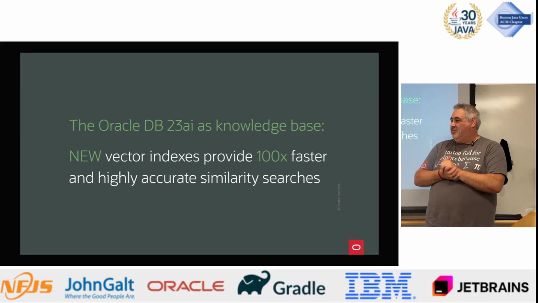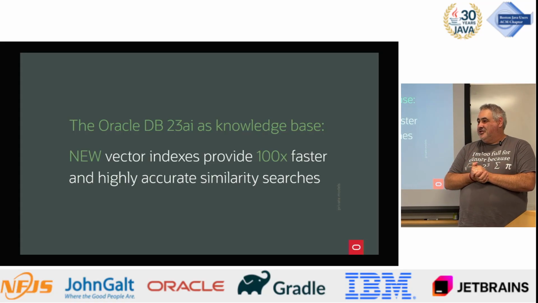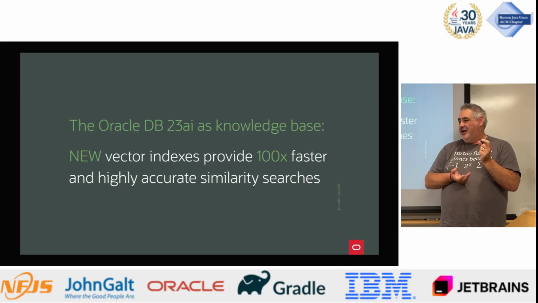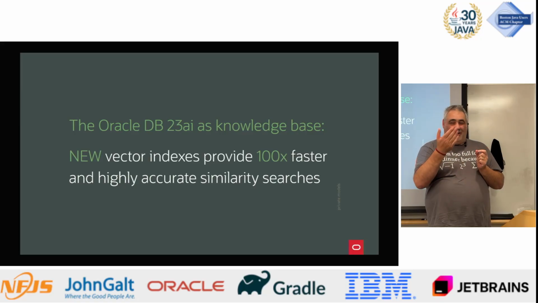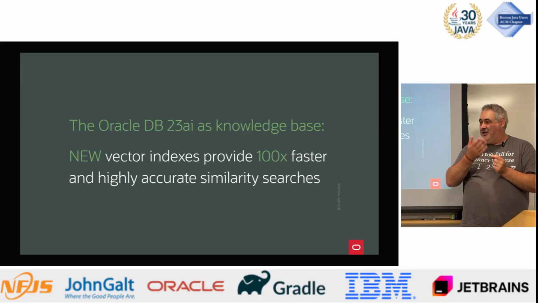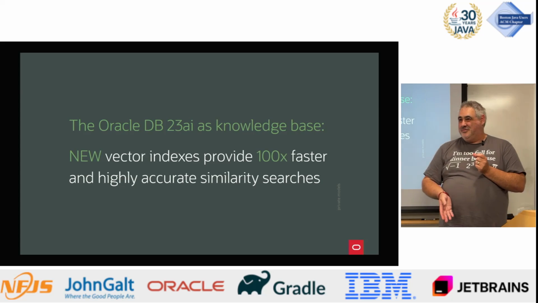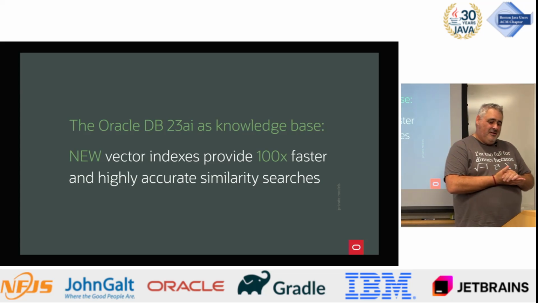If you want to search for something like a Saint Bernard, what are you going to do? You have to go through all of the other vectors and calculate the distance. If there are 20 million of them, you've got to calculate the distance between 20 million different pairs of vectors, which is expensive.